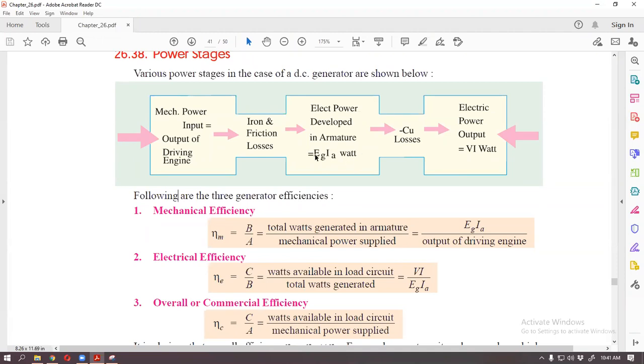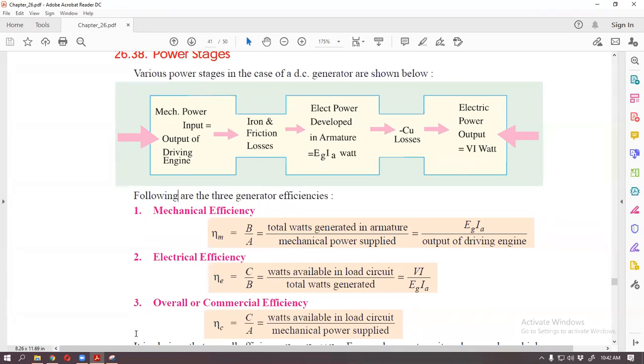If you calculate this value, then this result minus this part is the iron and friction loss. Suppose this value is 1000 and this value is 800. So copper loss is 200. This is the input and this is the output, so this 200 is loss. This is a very simple loss calculation.